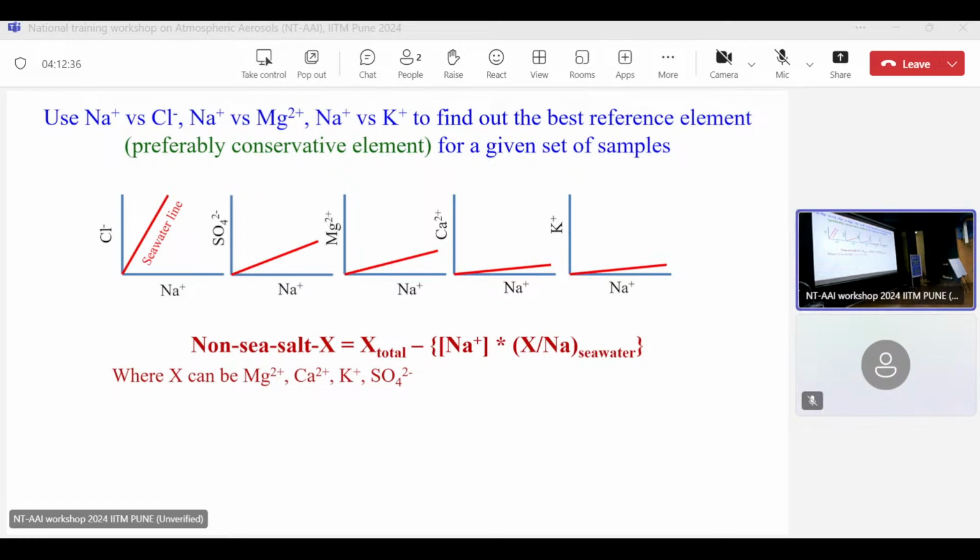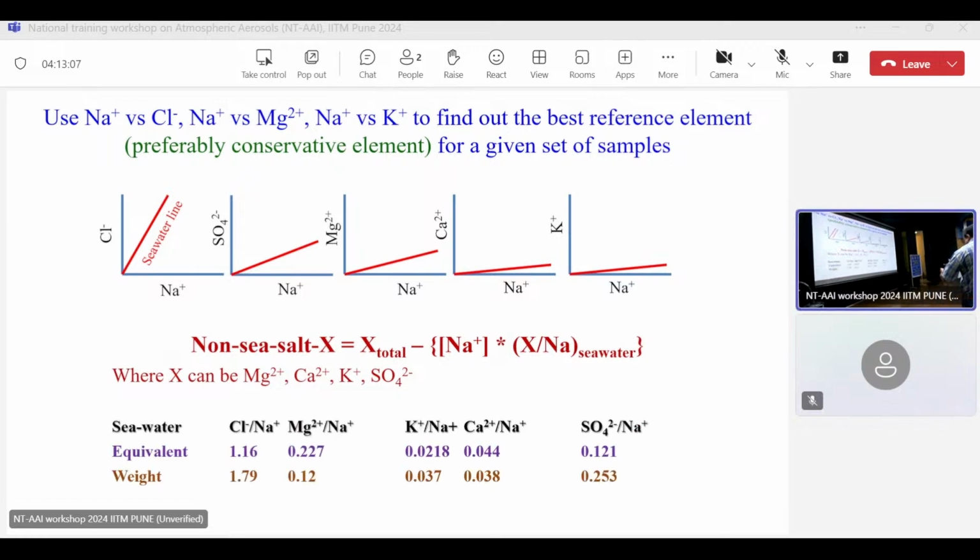Then this formula again: you use this formula. Sodium is the reference element here, and this is the slope. You multiply by it what is expected from sea salt, and this is what you have measured. If you subtract, you get the non-sea salt concentration. For sulfate, calcium, magnesium, etc., calculate the non-sea salt concentration.